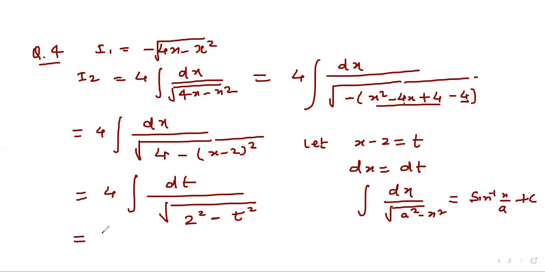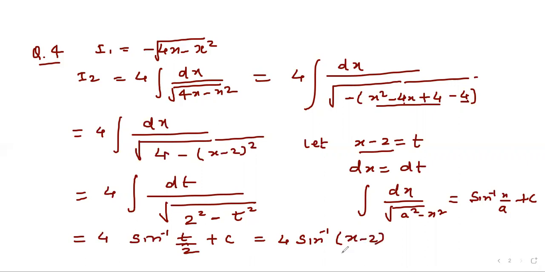So this will become 4 times sine inverse t upon 2 plus c, which is equal to 4 sine inverse, and we have taken x minus 2 as t, so (x minus 2) divided by 2 plus c, which is our answer.